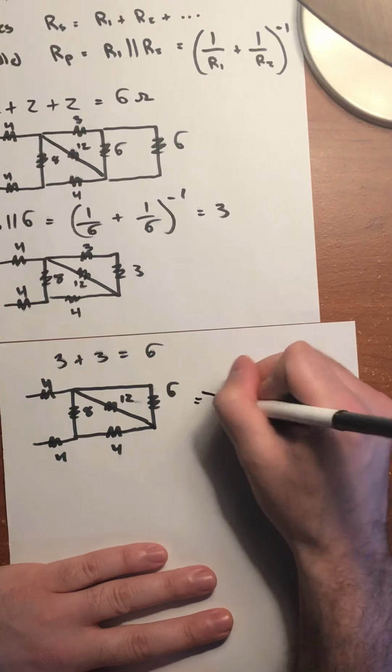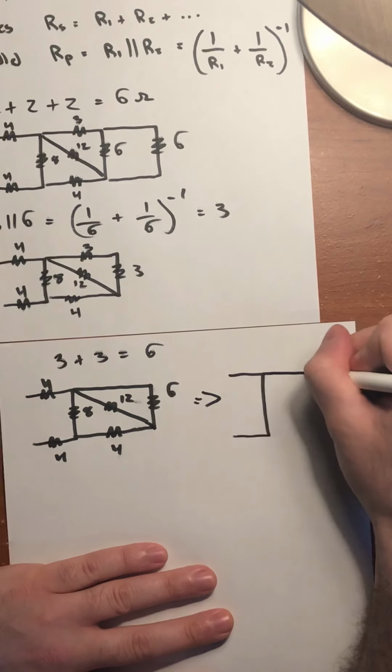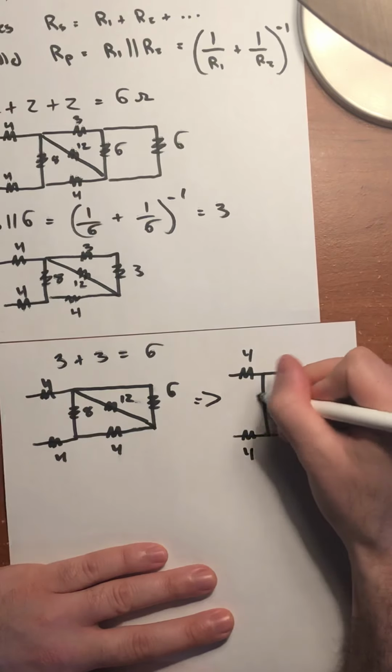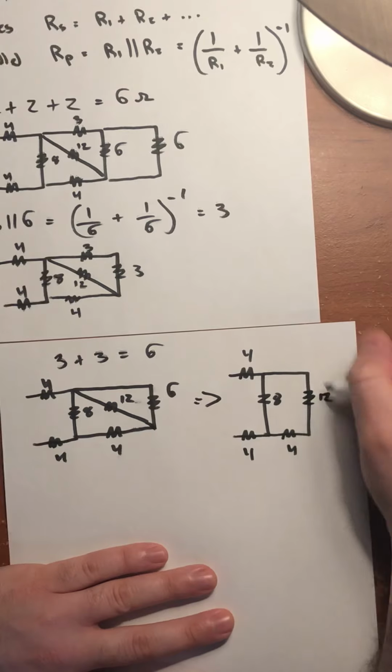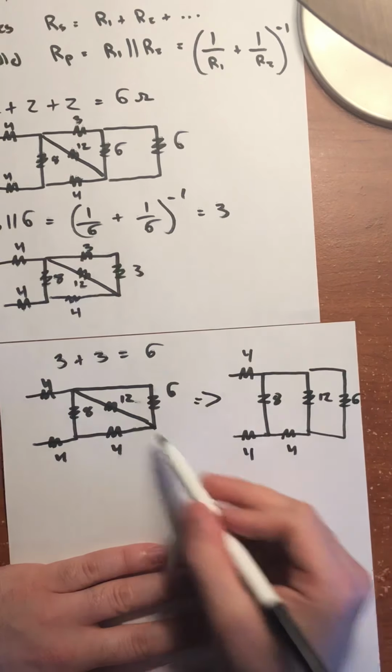So we can redraw the circuit, where we have 4 ohms here, 8 ohms, 4 ohms, we have 12, and we have 6 ohms. So these are equivalent circuits.